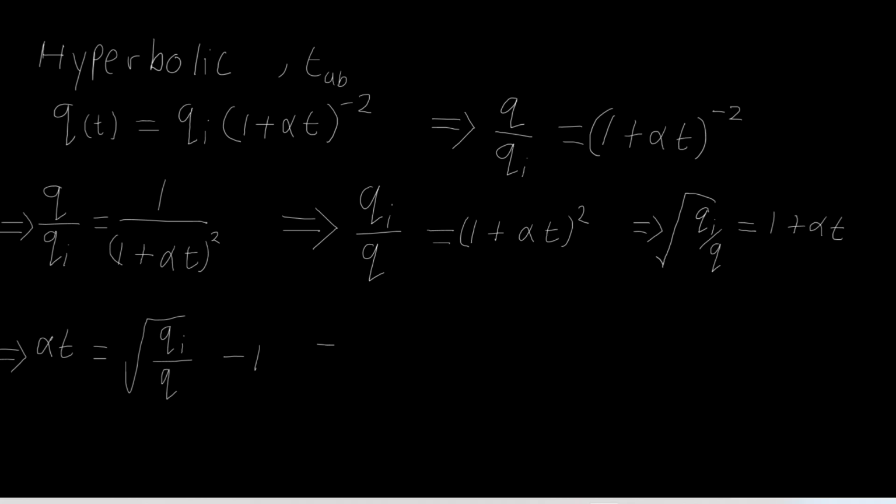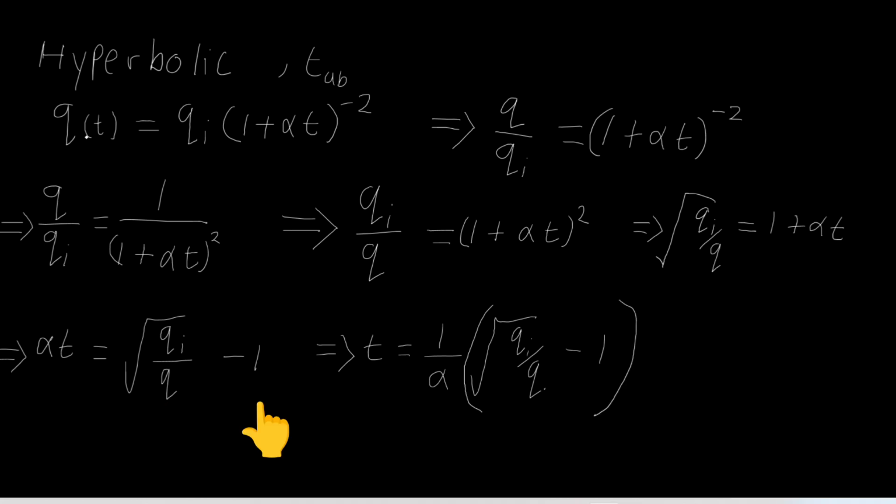Then finally, our t is now 1 over alpha times the square root of qi over q minus 1. This is multiplying everything in the brackets. So if you are dividing both sides by alpha, it is going to affect both this value and this value.